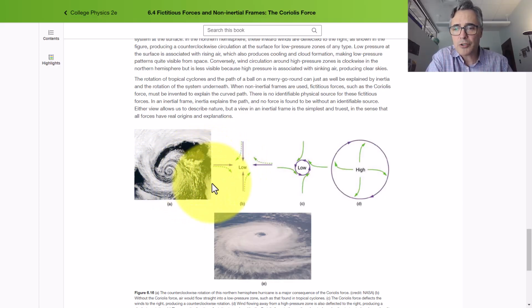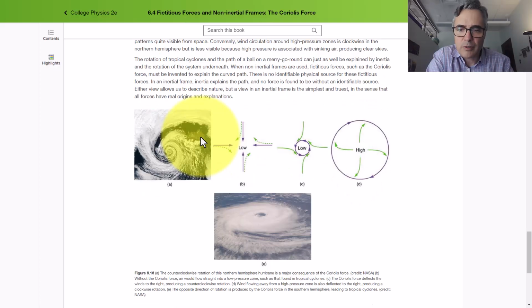When you have a low pressure system and air moving towards the center of a hurricane, due to the fact that the Earth is rotating, then if you're in the northern hemisphere, you get a rightward deflection due to Coriolis force, and that's what causes hurricanes to always rotate counterclockwise in the northern hemisphere.